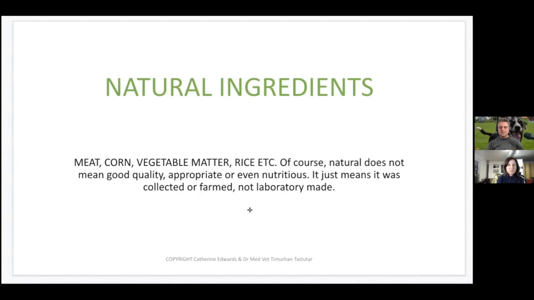That is correct. Natural ingredients are everything that is collected, farmed, or gathered, such as fruits, vegetables, and, although we are against it, grains, whatever, and they make up the typical ingredients of the food. Let's check a typical ingredient list.